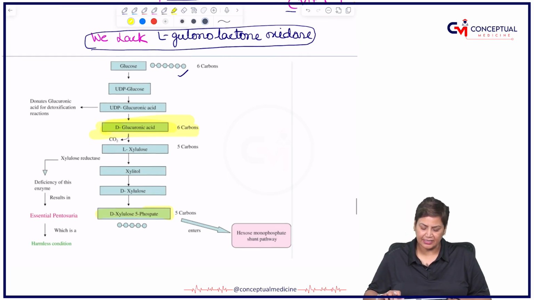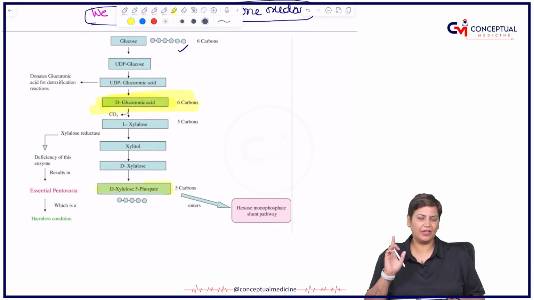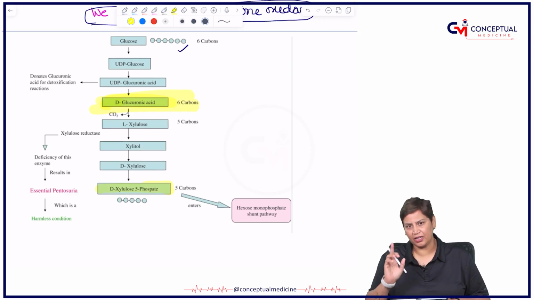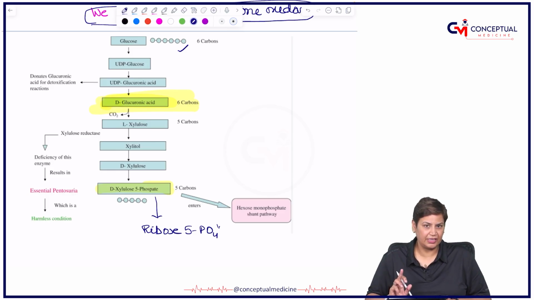Again same thing, it is an alternative method, because as I am telling you, alternative pathways are actually restricted to particular organs. Why? Because they are giving rise to certain useful compounds, and once they form those useful compounds, they merge themselves into the major pathway. Now this xylulose, you can see that it is merging into the HMP shunt also. This xylulose 5-phosphate can be converted into ribulose or ribose 5-phosphate. Again it can be used. Okay, right. So this is the uronic acid pathway.